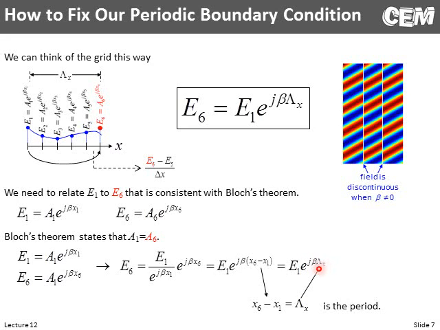So what this is telling us is that E1 does equal E6, but with an additional phase term. And that makes sense, since it's the phase term up here that was causing us the problems to begin with. So this is our hint now of how to fix the problem with our derivative operator.